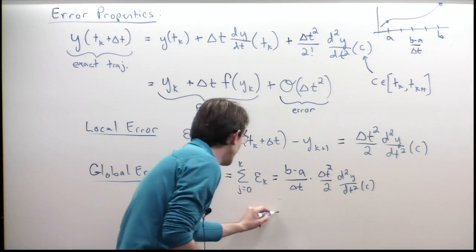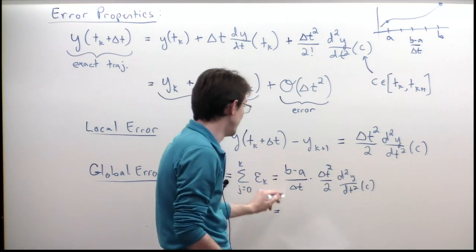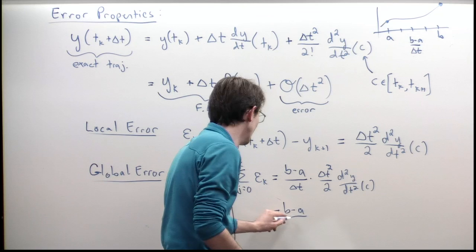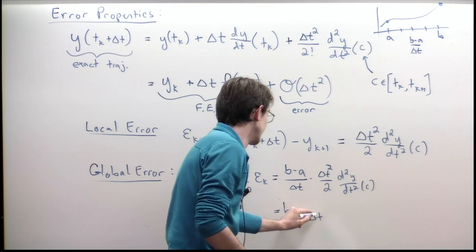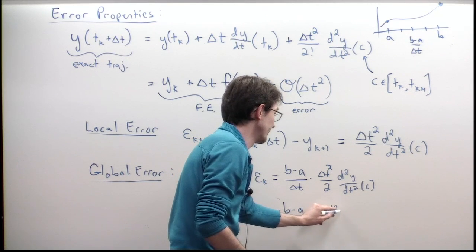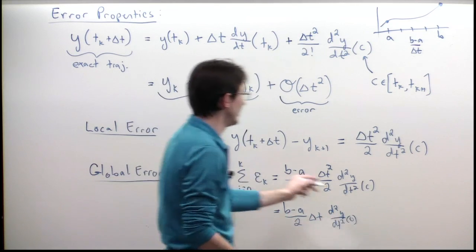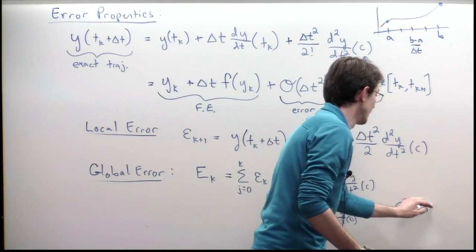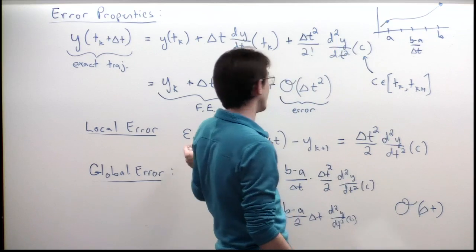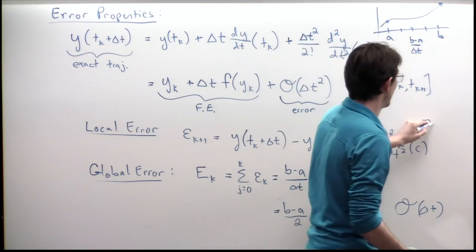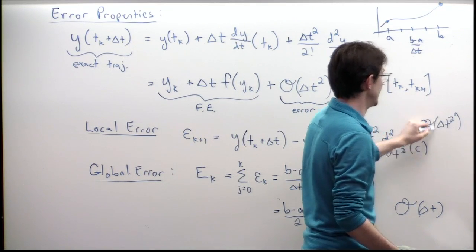And if we follow this all the way through, we get (b minus a) over 2 times delta t times the second derivative.